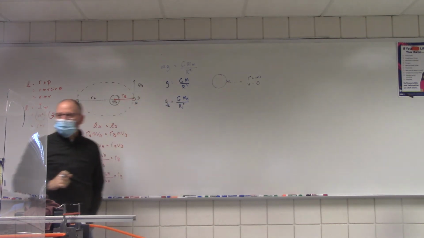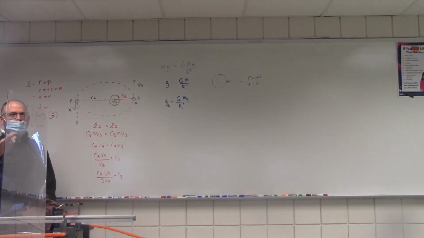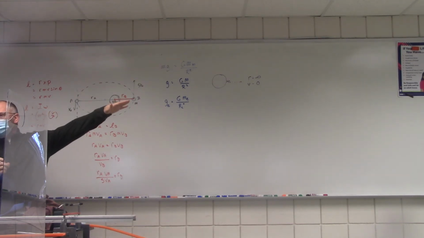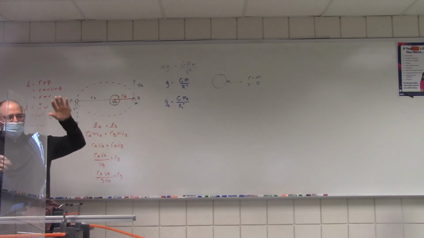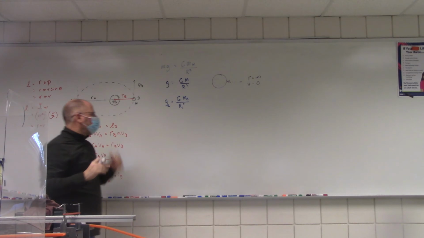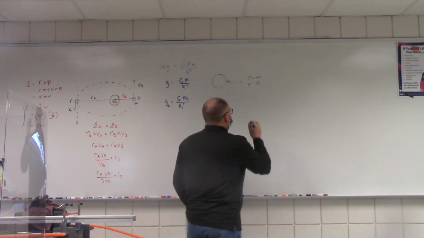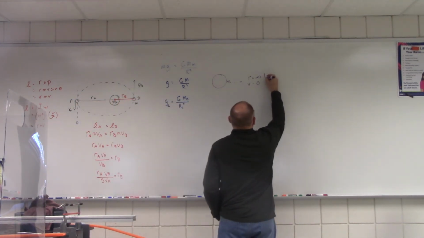Is that cool? This is the escape velocity condition, that you're slowing down to infinity, and when you get to infinity, that's when you stop. Now, infinity is not a place. Don't get excited.